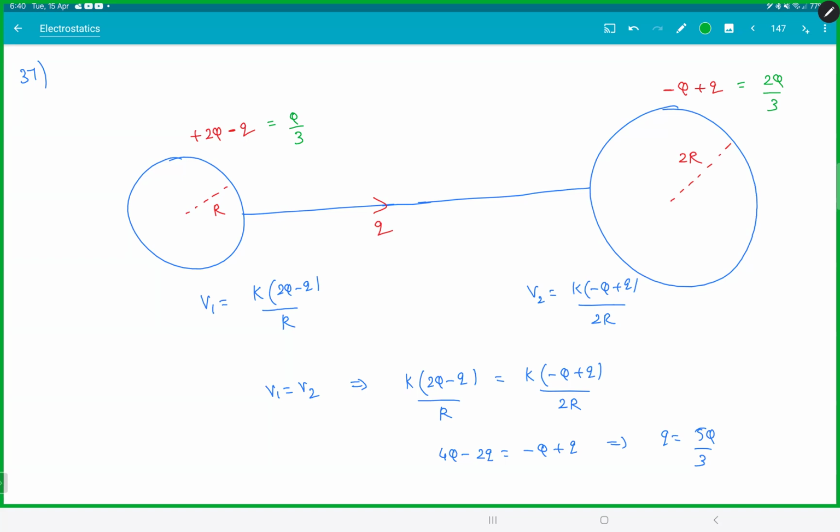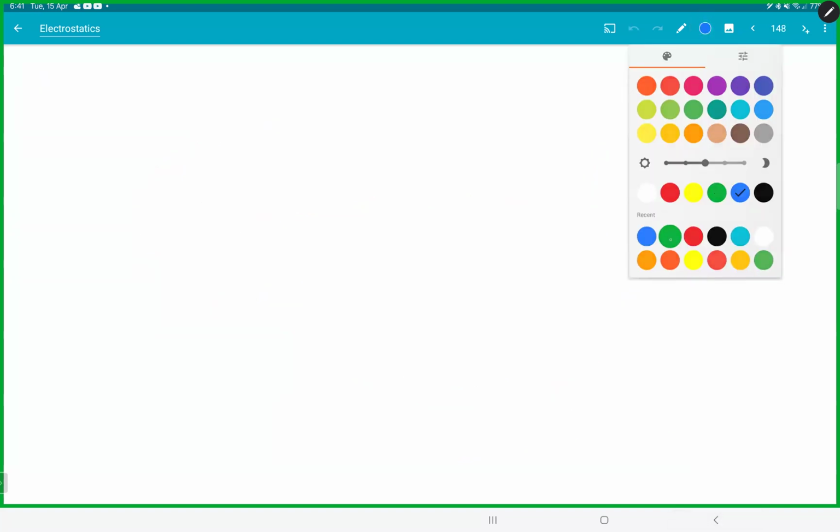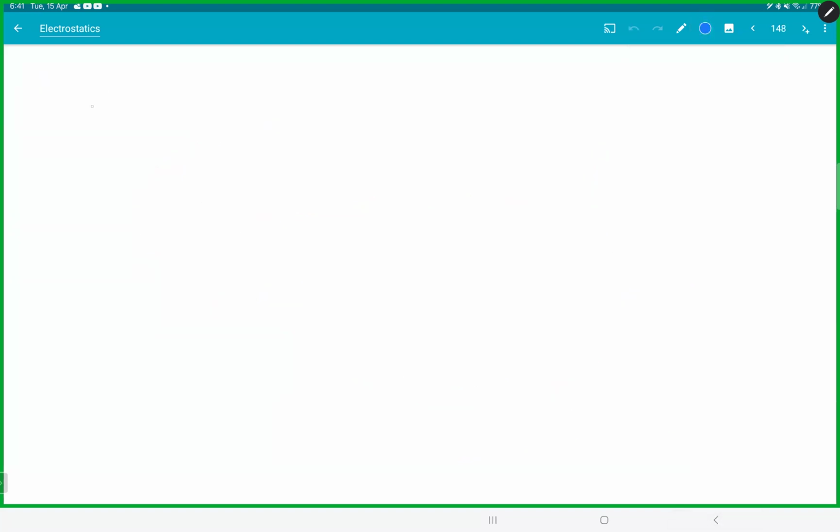Clear. Then, now what is the initial system? Initially, there are like two shells here. So this was 2q and this was minus q.